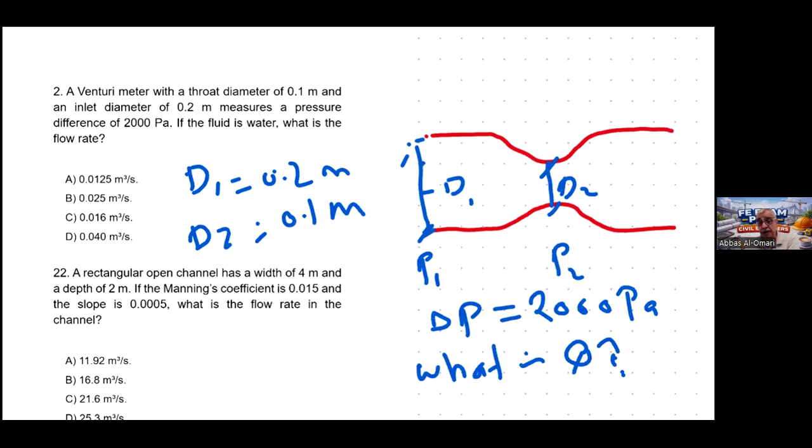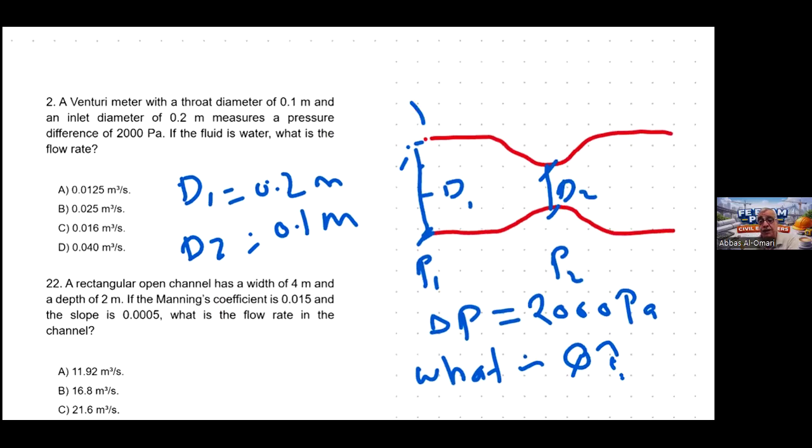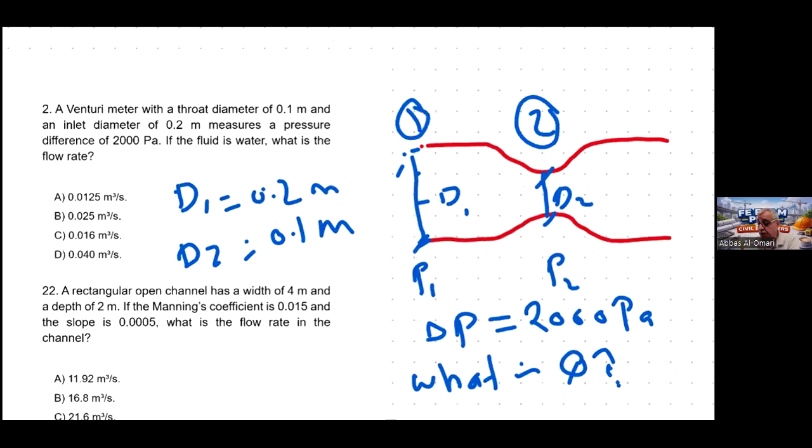Whenever you have a venturimeter, whether it asks about flow or another unknown, we use the Bernoulli equation. So we can apply the Bernoulli equation between sections 1 and 2. So this is section 1, and this is section 2. We apply it assuming that the venturimeter is horizontal.